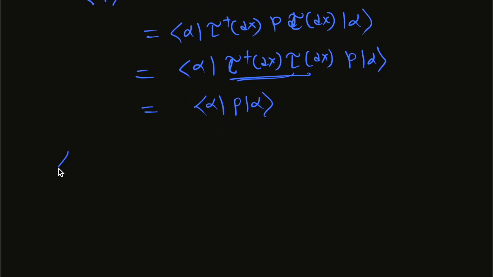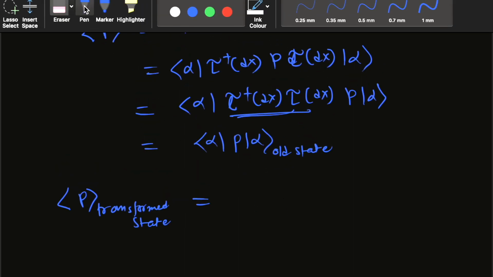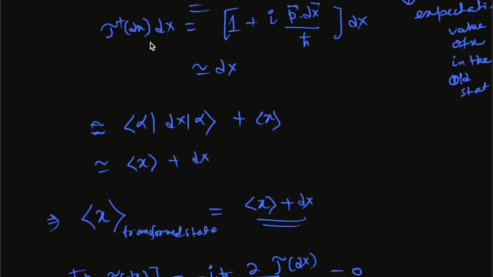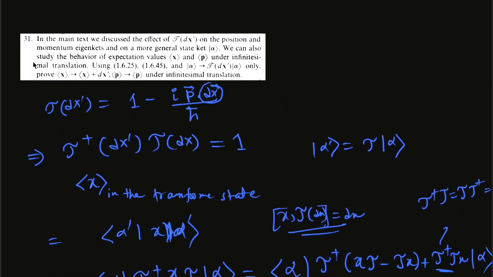That means the expectation value of p in the transformed state is actually equal to the expectation value of p in the old state. So that means we have solved question 31.